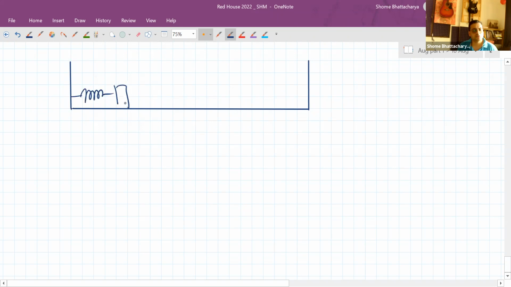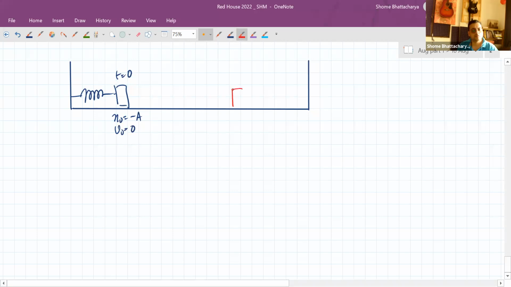So see, at t equal to 0, it started from x naught equal to minus a, and v naught equal to 0.